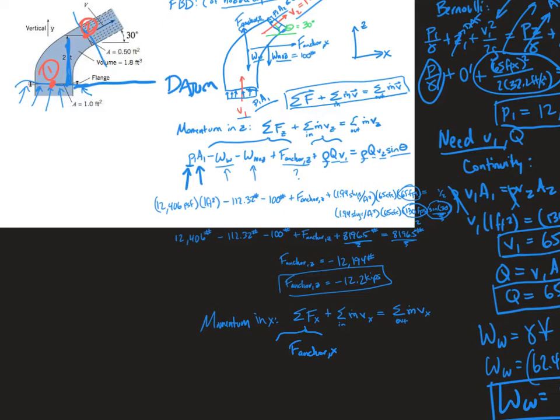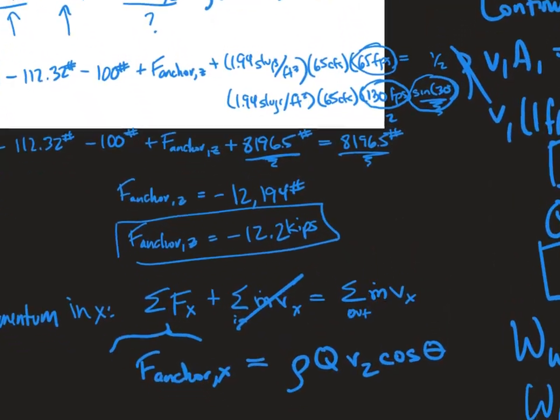There's no momentum going in anywhere in this problem, so this goes away. It equals the V2 exiting, so it's going to be m dot, which is rho Q, and the velocity in the x direction here, which is V2 cosine of theta. A much simpler problem, the x direction.